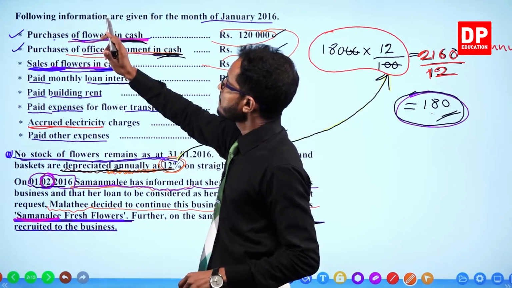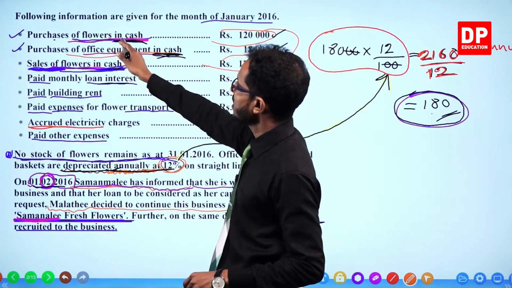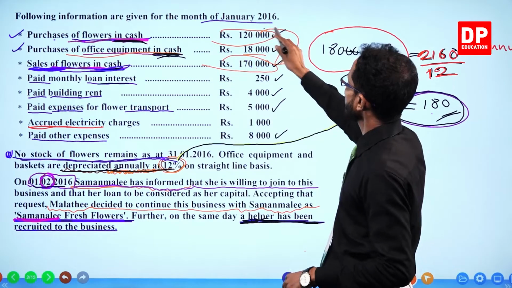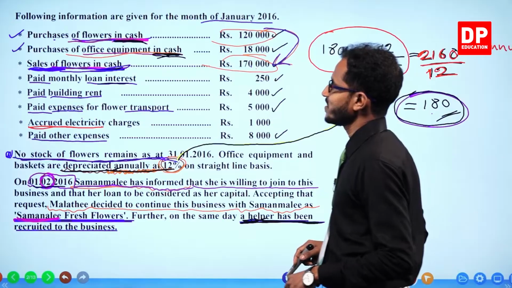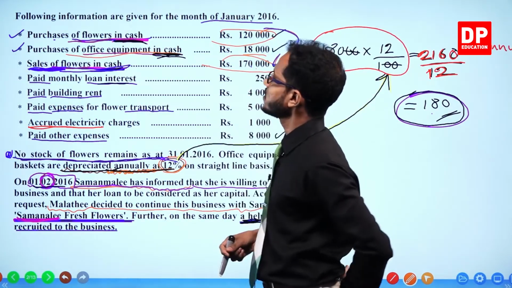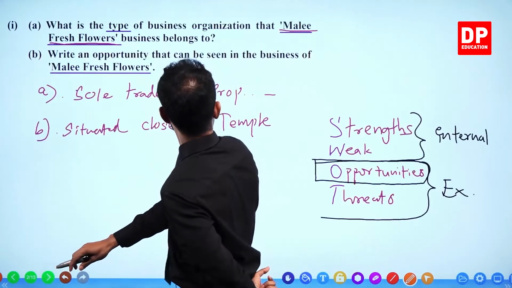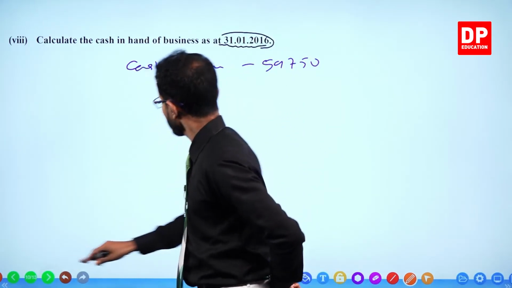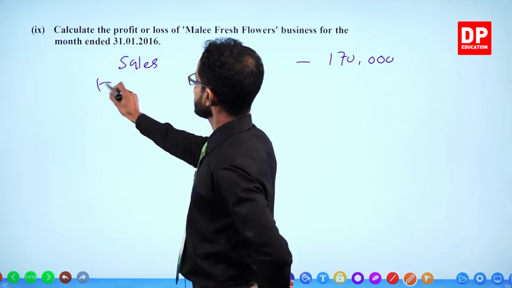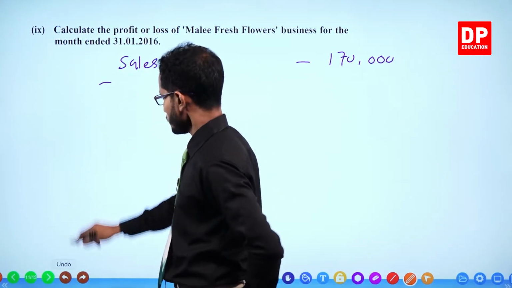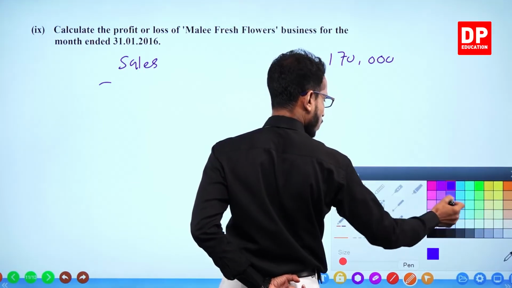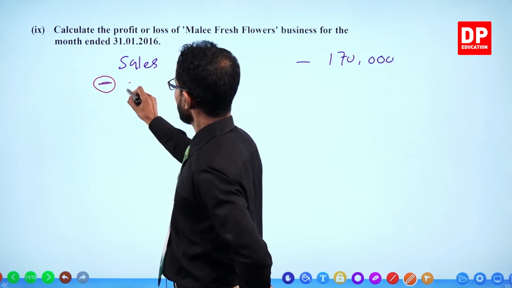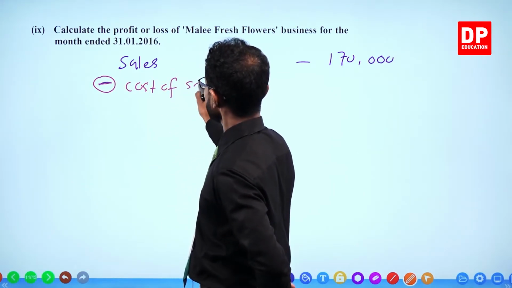So just minus the purchase cost, purchase of flowers, 120. See, I have done that here. 120 is the purchase cost. Sales minus cost of sales.